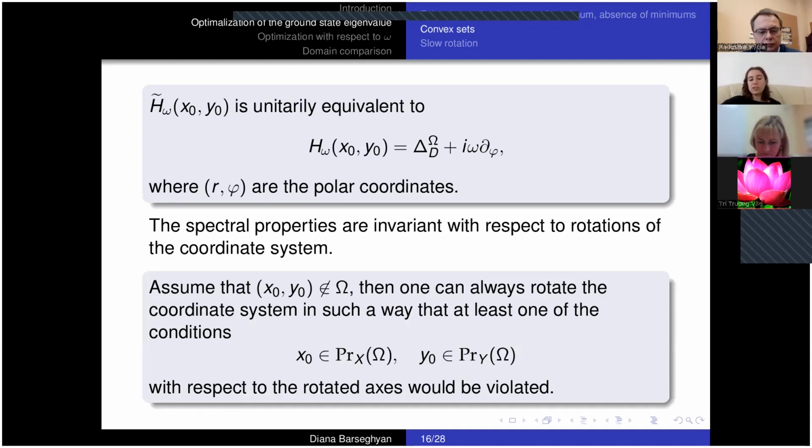But to do this, we use the fact that omega is a convex set. Therefore, if we rotate in this way such that at least one of these formulas is not satisfied, then we will have a contradiction with the fact that x0, y0 is a point of maximum, a point of extremum. Therefore, we prove that for convex sets, of course, the maximal point always belongs to the domain. It's located inside of the domain. Next, please.